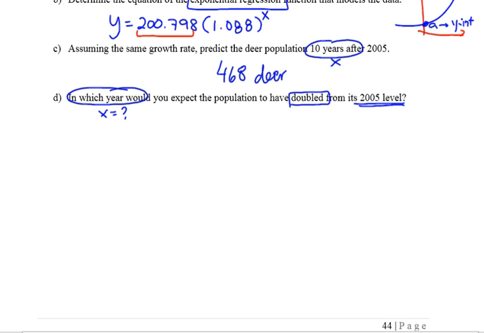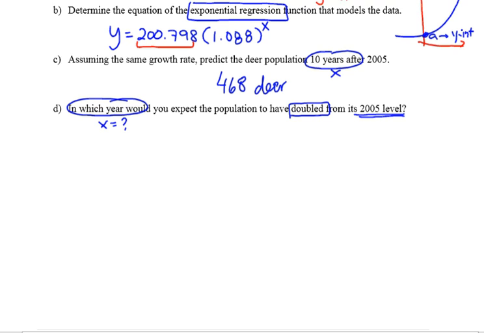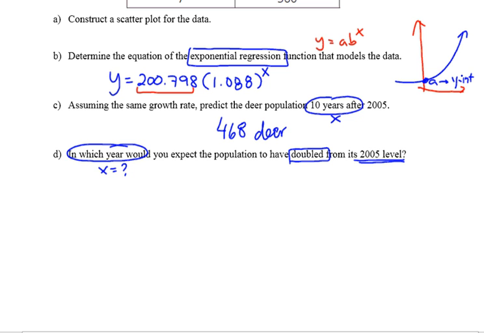Close. Y-intercept. Do we know the y-intercept? Yes, what is it? 201. Let's round to the nearest deer. So in 2005, our A value is our initial amount, so 201 deer.